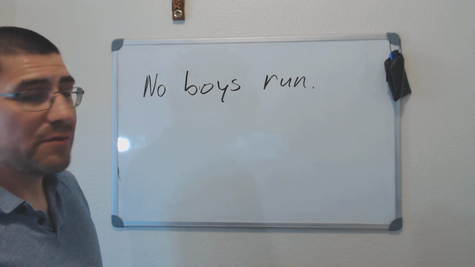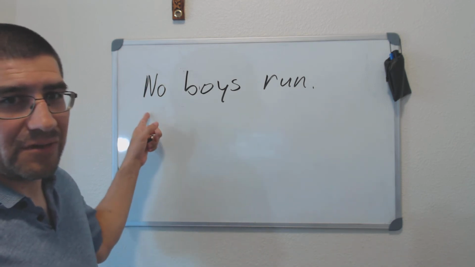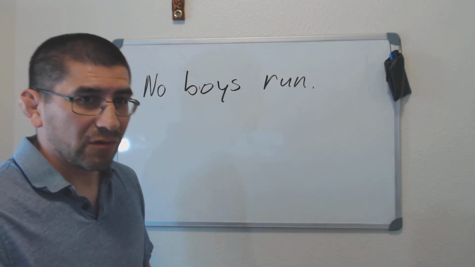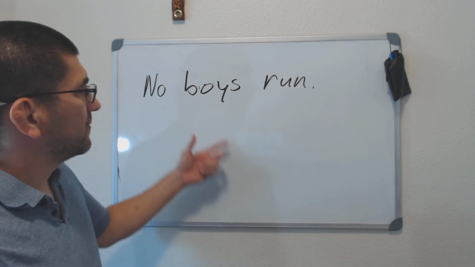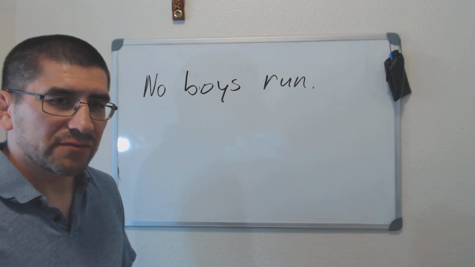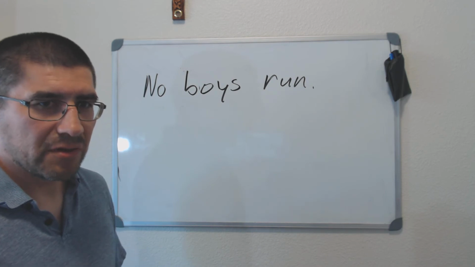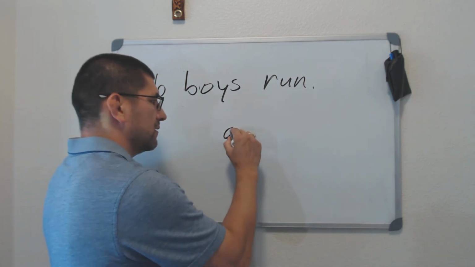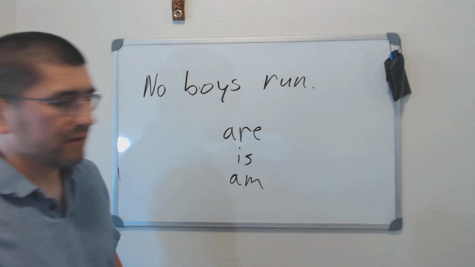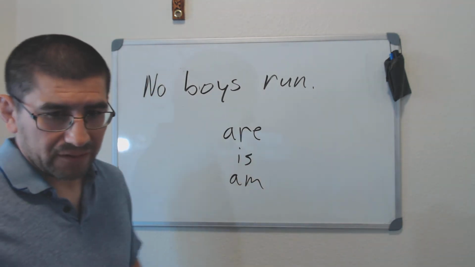So what are we missing? We're almost there already, because we already have a no. In order to put this in logical form, which is the goal for this exercise, I need to expose the copula. I need to expose the verb to be, the are, an is, or an am. The one that's going to work here is the are.